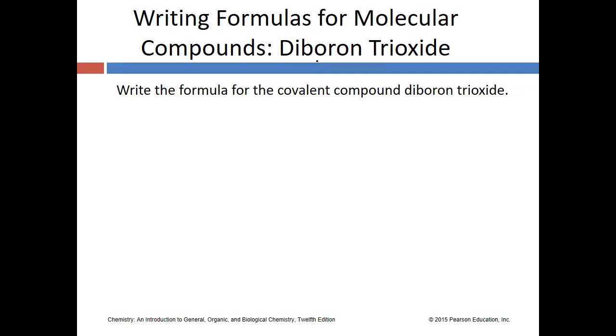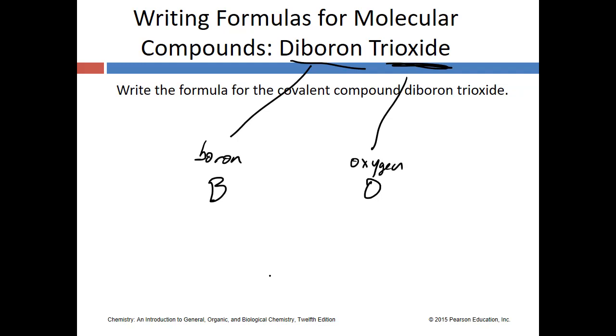So at the root of diboron, we would be talking about boron, which is B. At the root of trioxide, we're talking about oxygen, which is O. So we know that this compound is boron and oxygen, B and O. Now it's just a matter of the prefixes. Diboron is 2 borons. Tri would be 3. So the compound here would be B2O3.